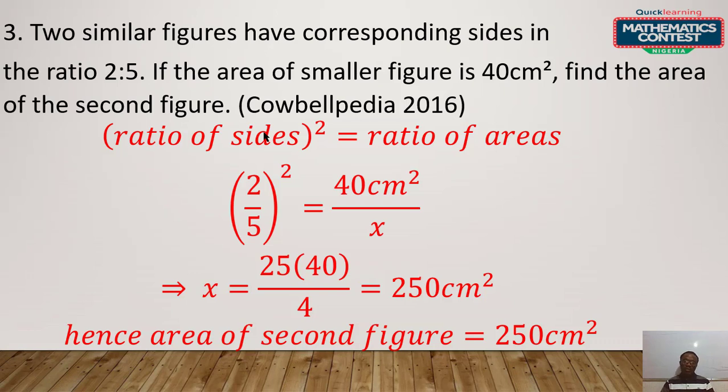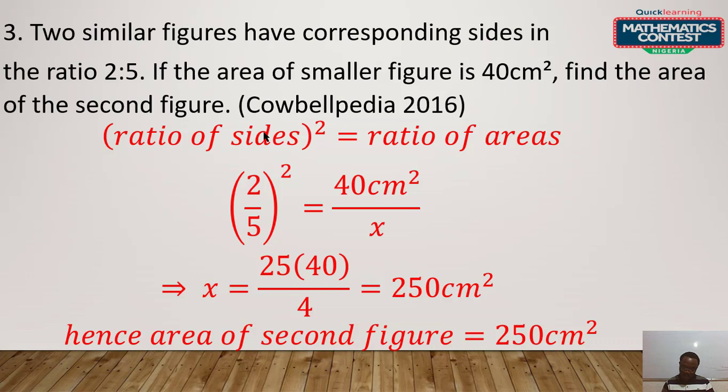Now find the ratio of the sides of these squares, starting from the smallest to the biggest. So the ratio of the side for the small one is 5/10. So if we reduce it, we'll have 1/2. Now come to the area. Find the ratio of the area. The area of the small one is 25, and the area of the big one is 100. Reduce it down, we'll have 1/4.